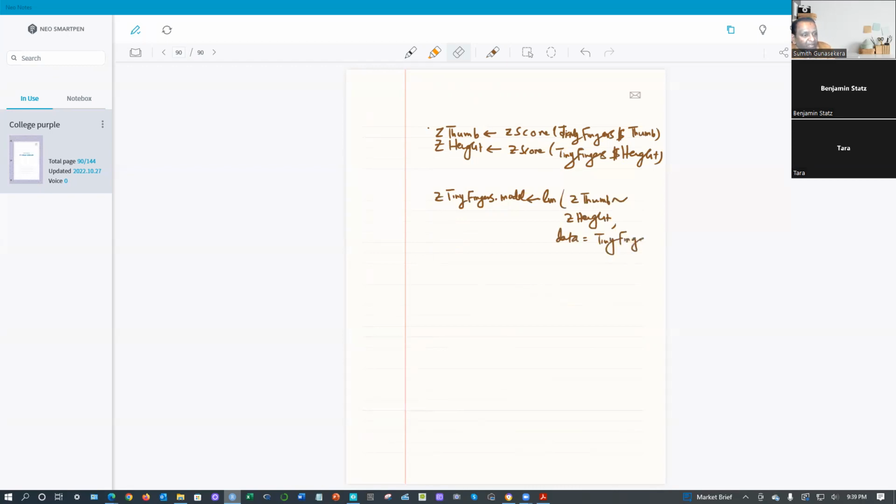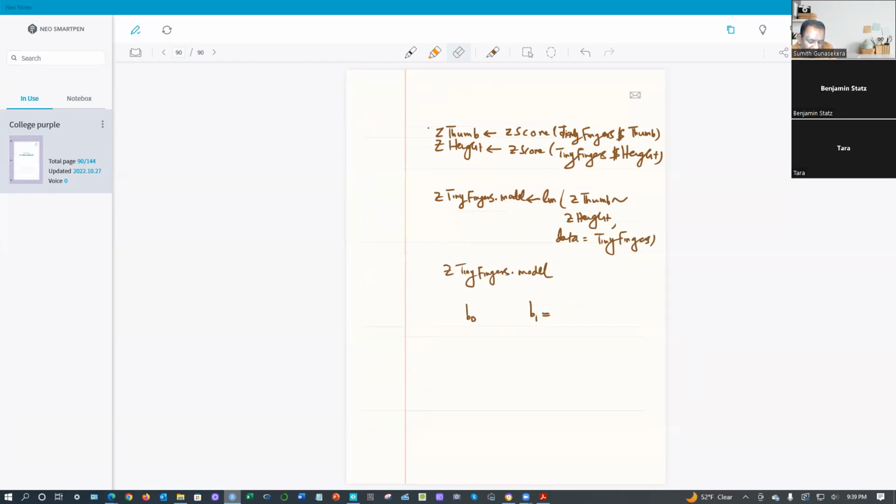When you run the Z tiny fingers model, they will display B0 and B1. Some values here.